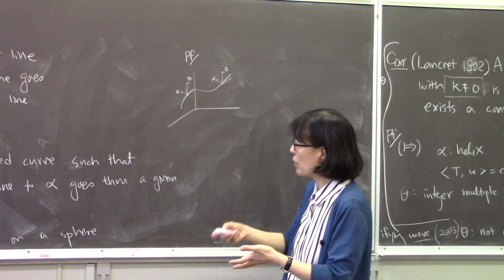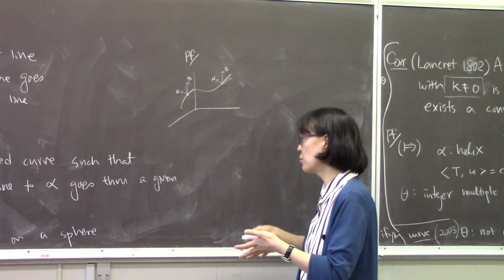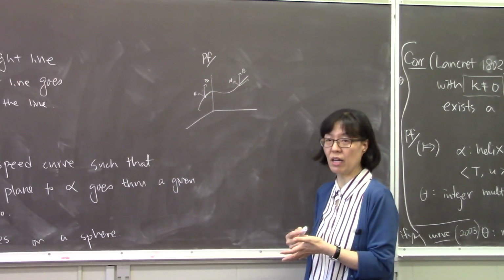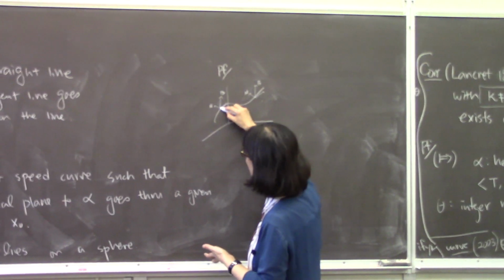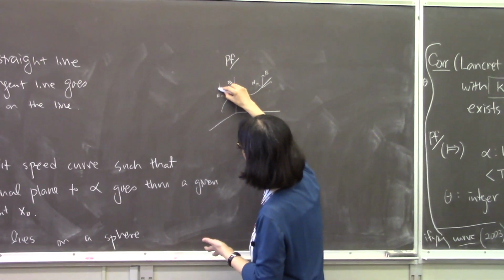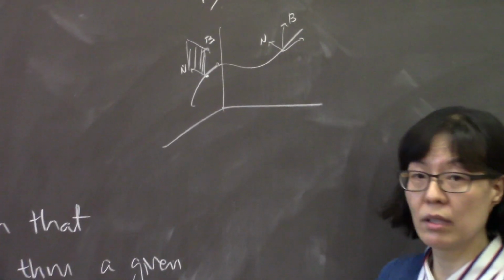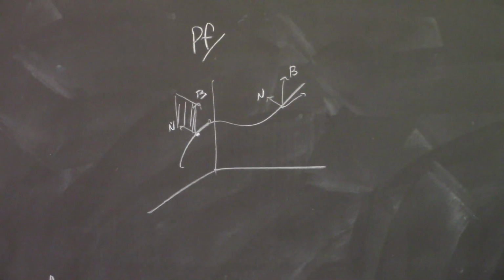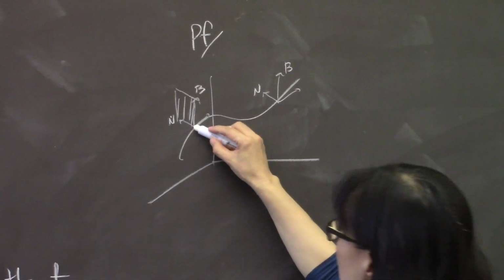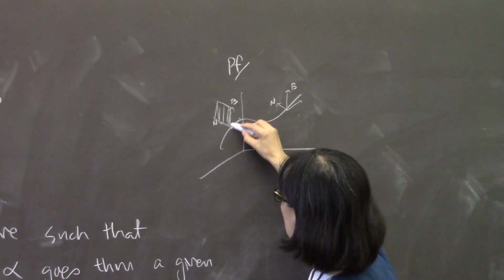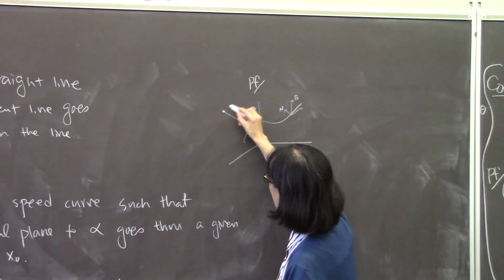Then every normal plane to alpha goes through a given point x naught. Here, the normal plane at this point is a plane spanned by N and B. So this normal plane at this point goes through x0.